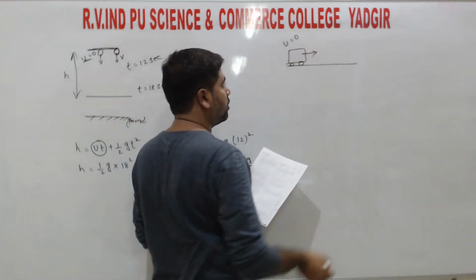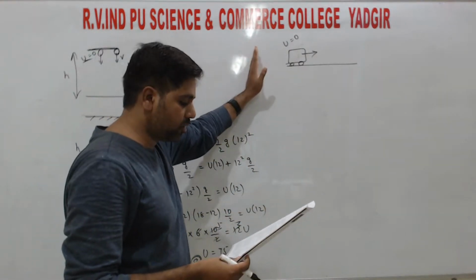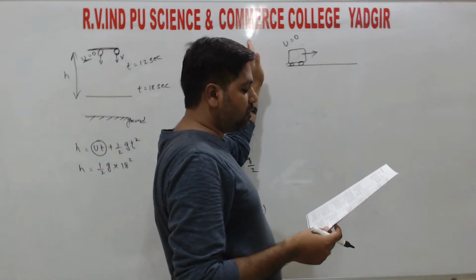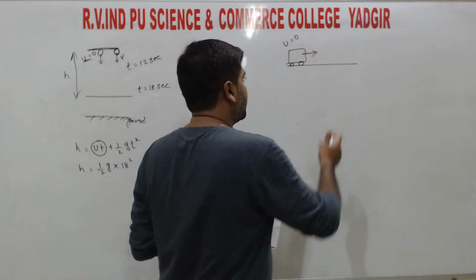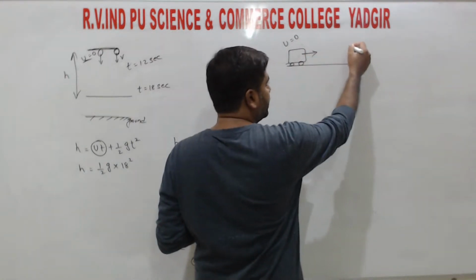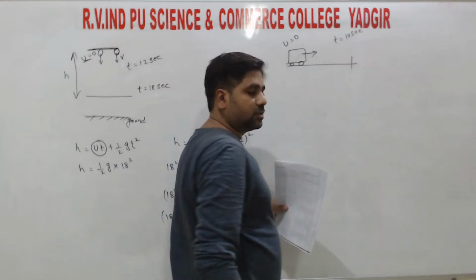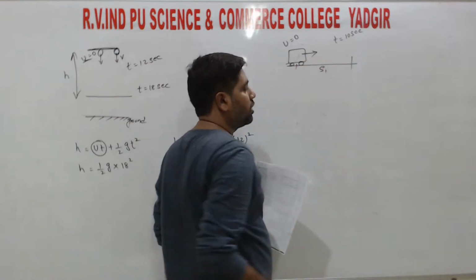Always its initial velocity is 0. So if it starts from rest, its initial velocity is 0, right? Under the action of a constant force, it covers a distance in first 10 seconds, so it takes some time, that is t is equals to 10 seconds, right? So that distance covered is S1, right?